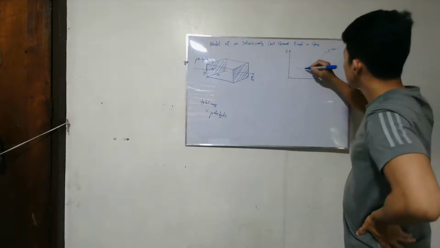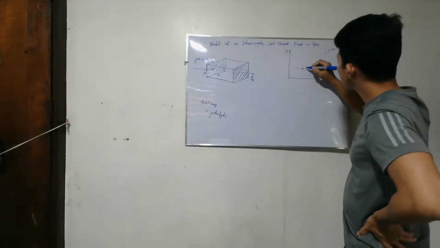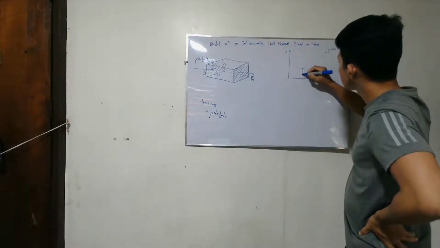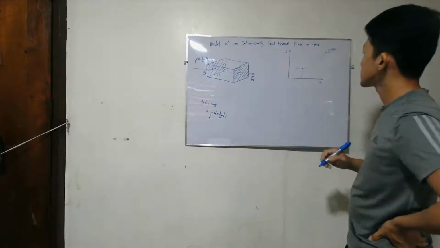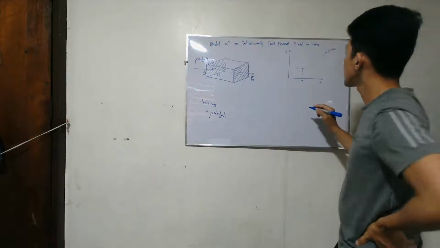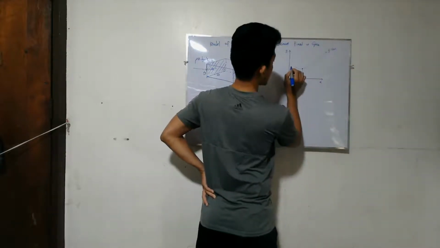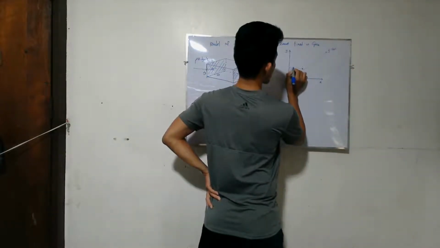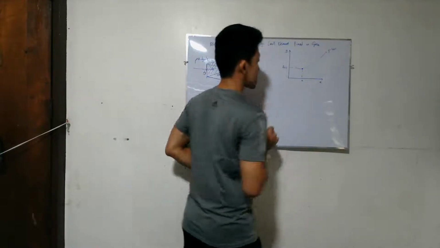Okay? And then, kay at point 1, this is a, and ang corresponding value is f of a.